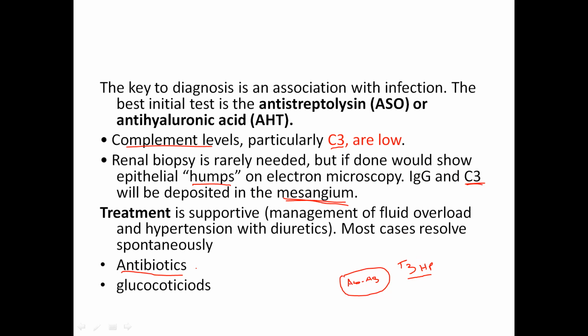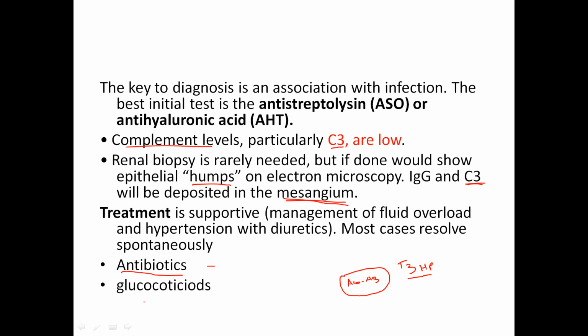By the way, giving antibiotics against Streptococcus pyogenes doesn't prevent the occurrence of post-streptococcal glomerulonephritis, but it can clear the throat infection and the microorganisms in the throat. This is a very important clue. They will ask you whether the antibiotic just clears the throat infection, but it doesn't prevent post-streptococcal glomerulonephritis.